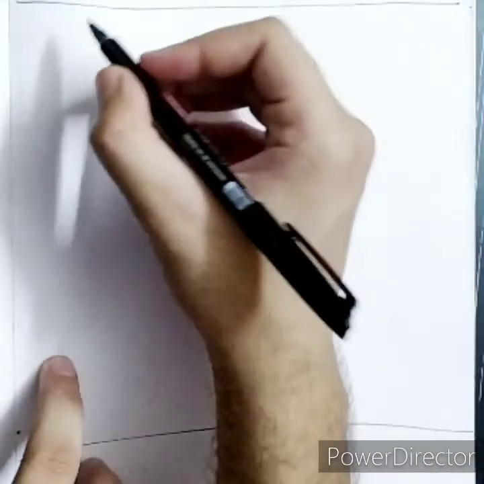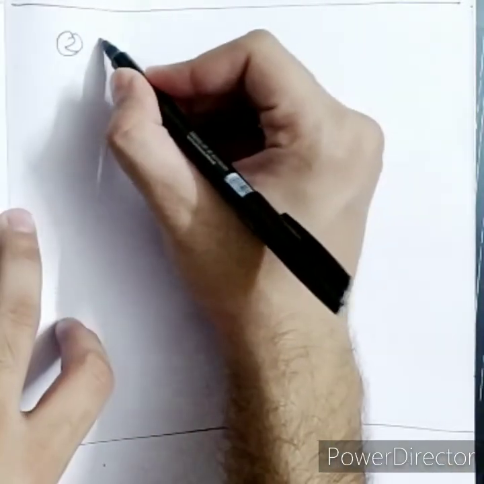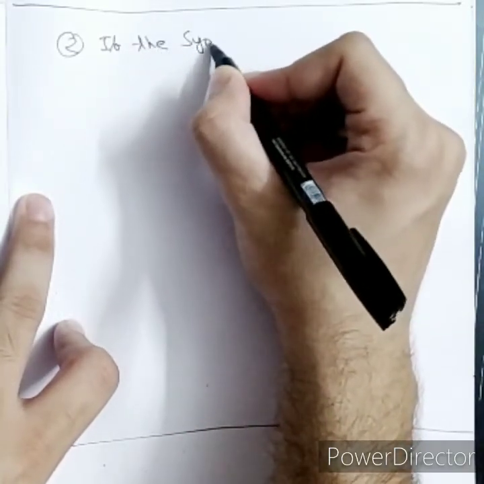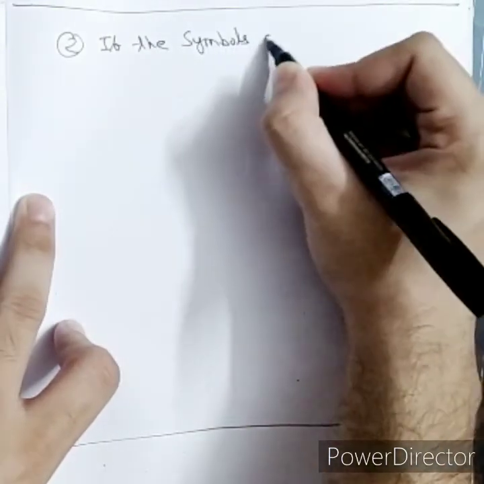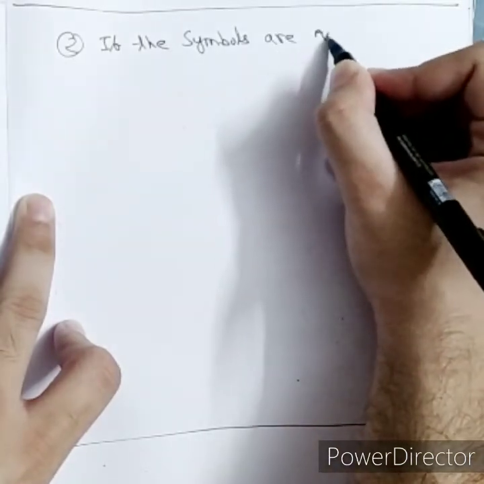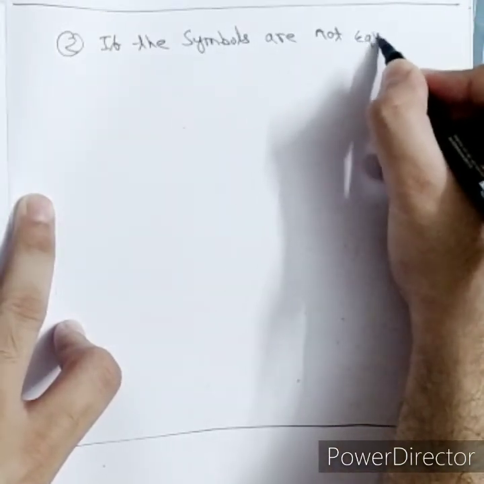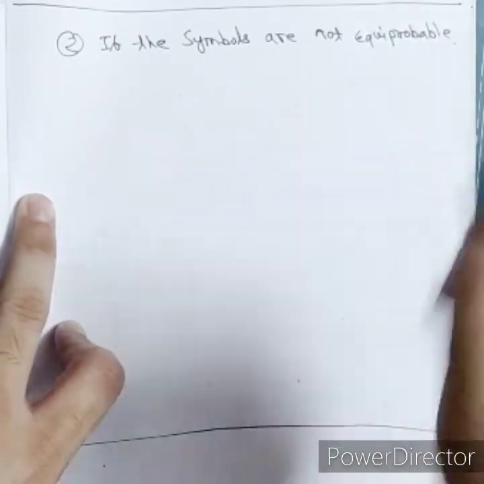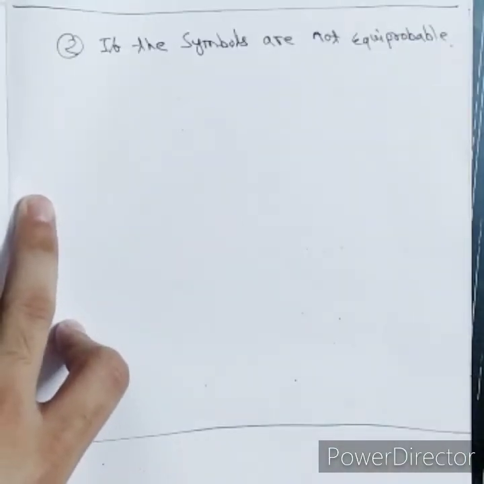Now the second case, if the symbols are not equiprobable. In this case, let's see what happens.